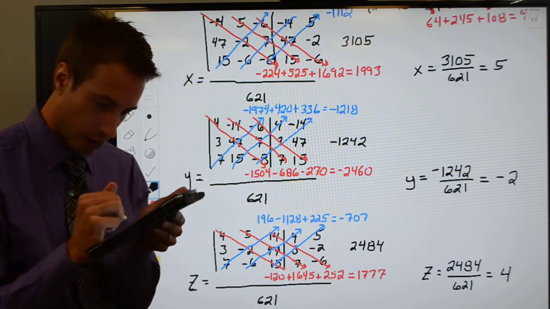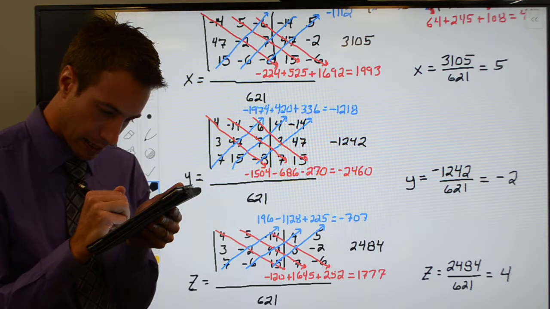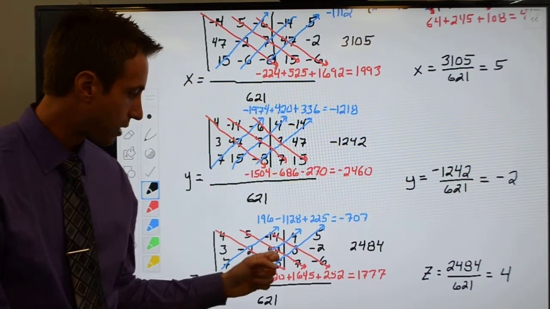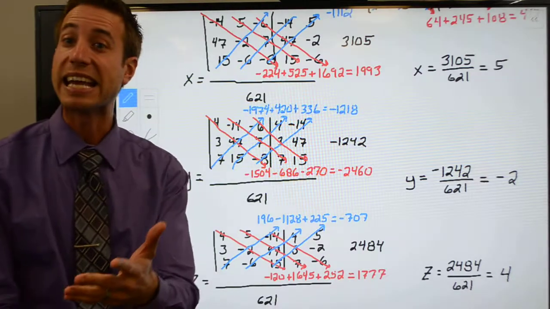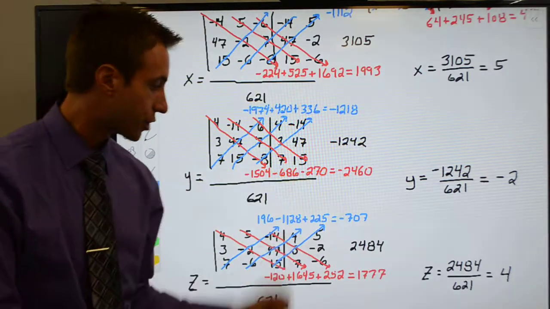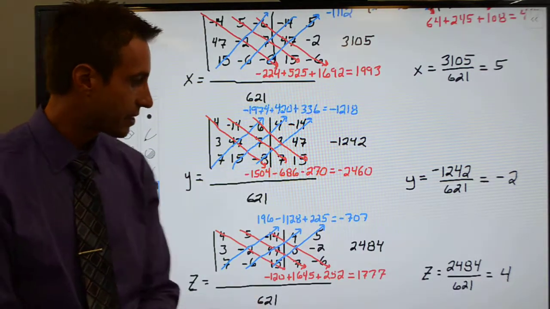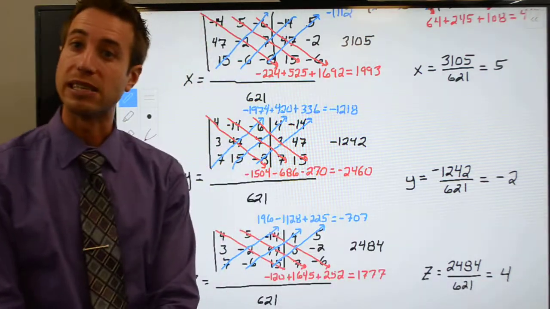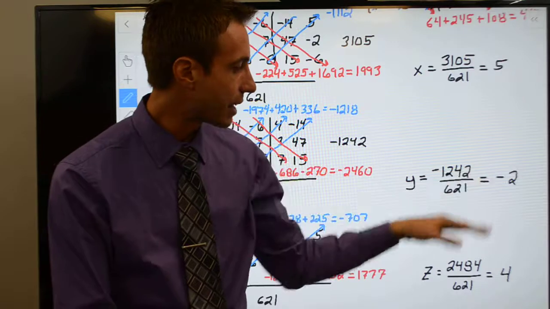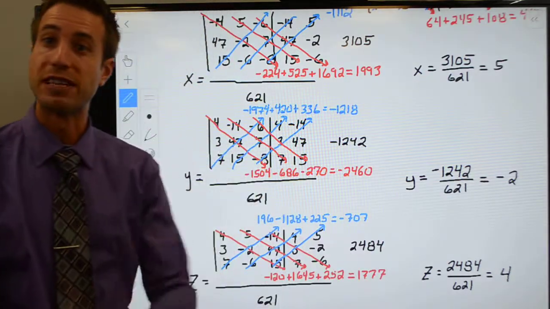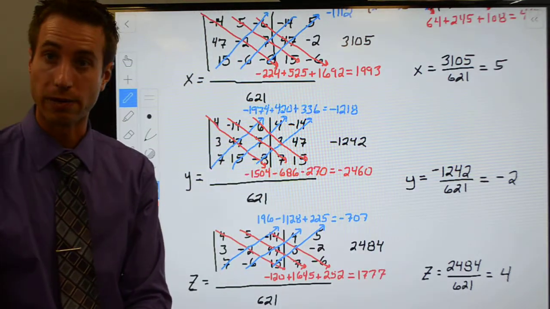Looks like I forgot. Just make sure that you've got that minus sign in there for that 14. It's a minus 14, 47, and 15. 2,484 should be what you get for the determinant of the top. Divide by 621, and I wind up with a z value of 4. So my ordered triple, 5, negative 2, and 4 for this particular system of equations.